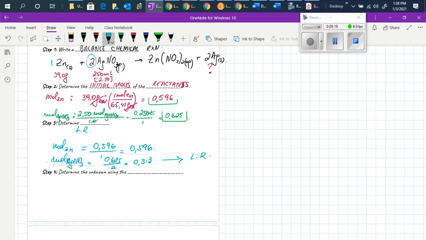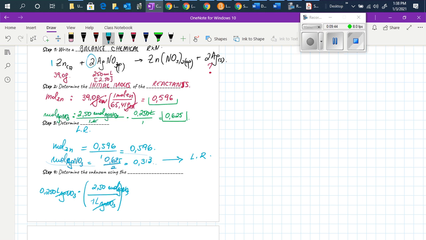We have 0.250 liters of silver nitrate, and using the concentration, 1 liter of silver nitrate is 2.50 moles of silver nitrate.